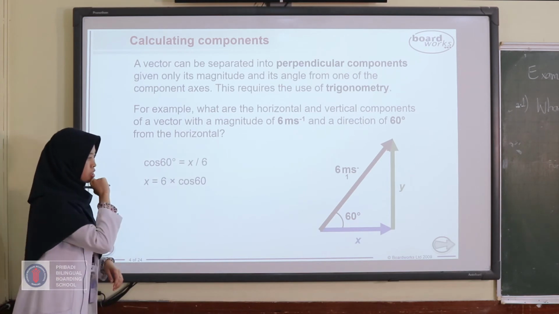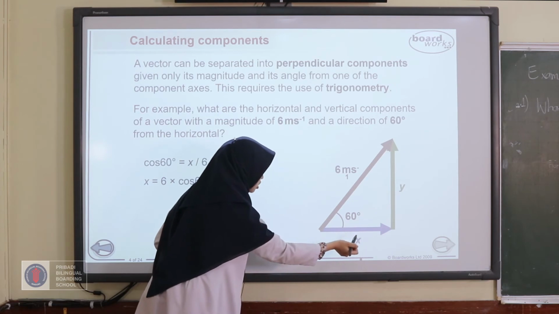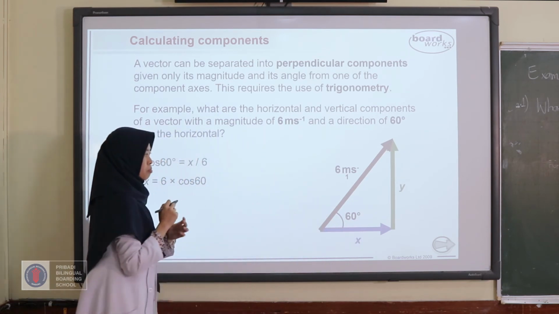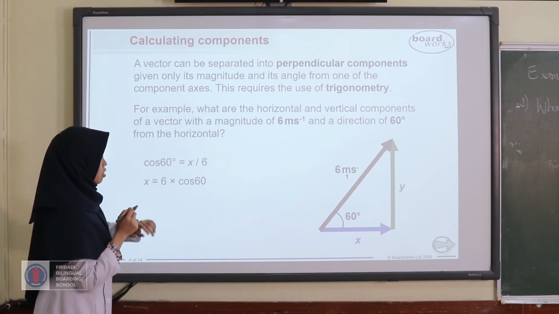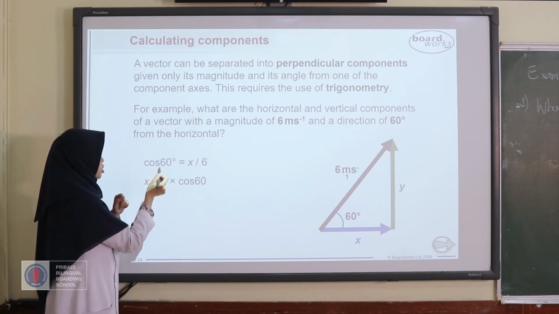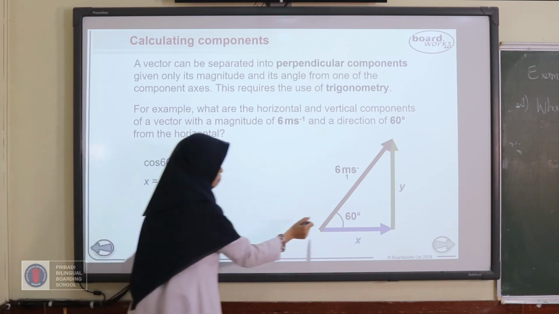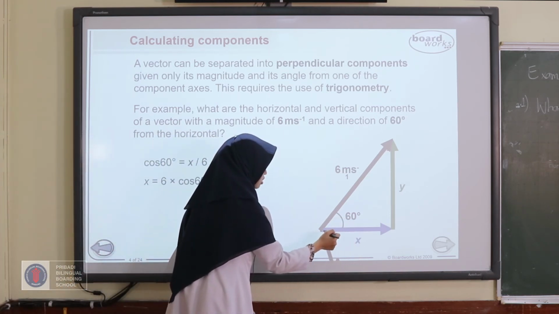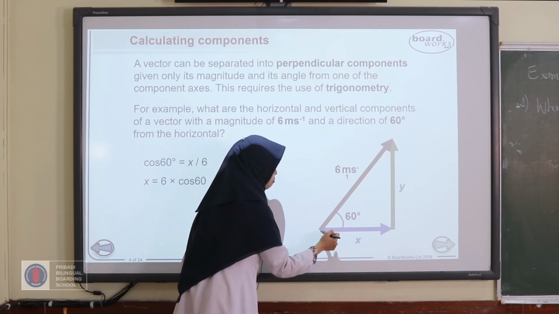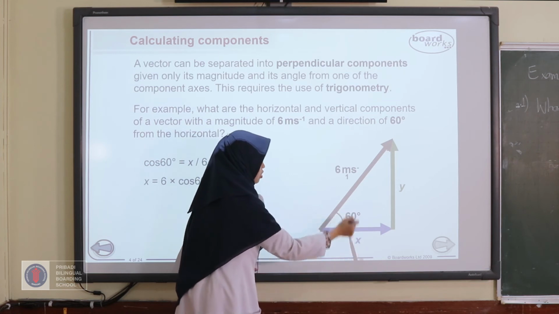In order to find that, again you have to use trigonometry from your math knowledge. If you want to find the horizontal component, you have to recall the equation for cosine theta. Cosine theta is adjacent divided by hypotenuse, okay?